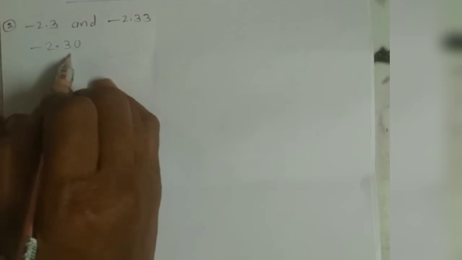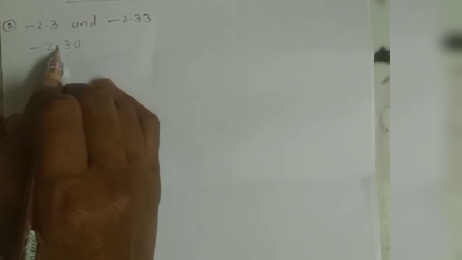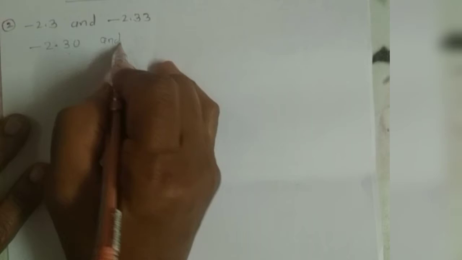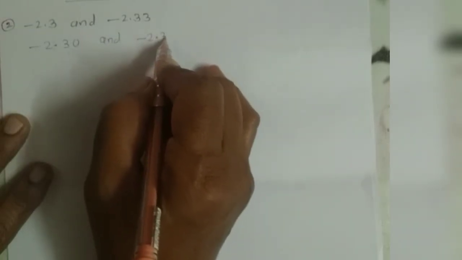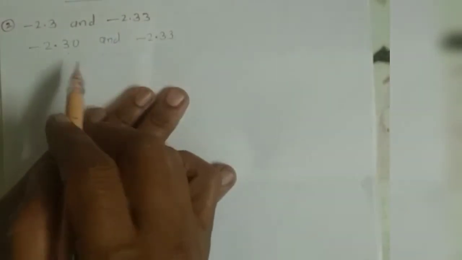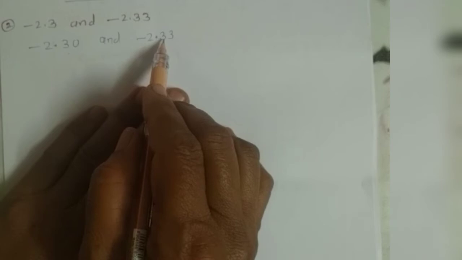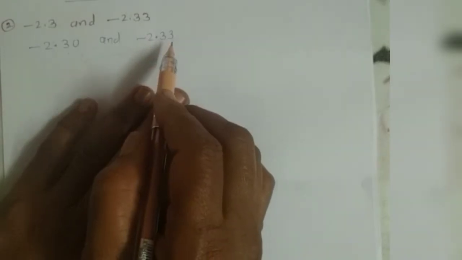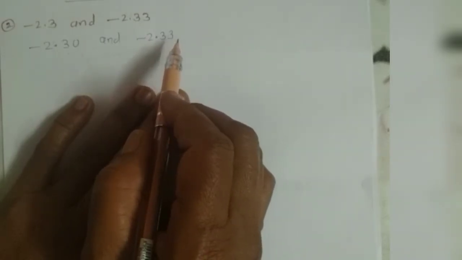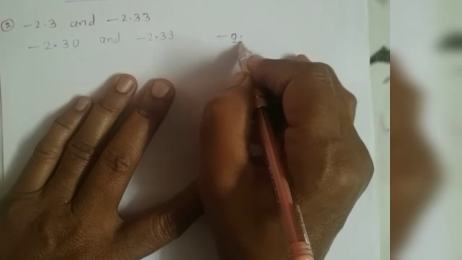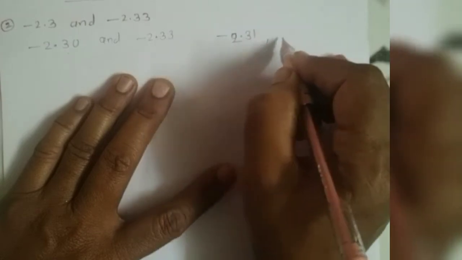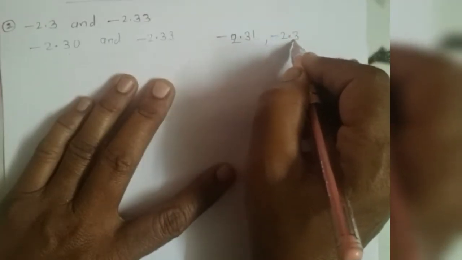The meaning is the same. These both values are equivalent, and this number is negative 2.33. Means in short, in between these two numbers 2.30 and 2.33, there are two numbers 2.31 and 2.32. Like this way, we can write negative 2.31, negative 2.32.